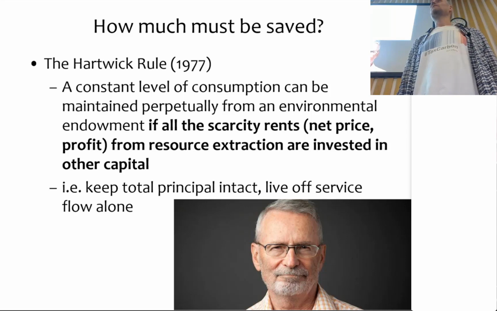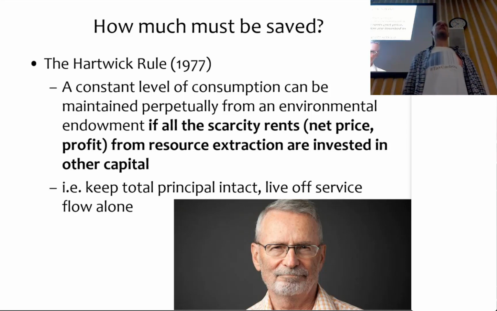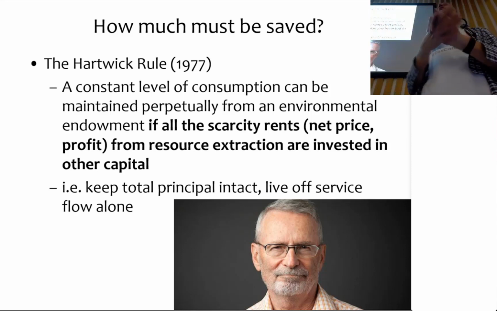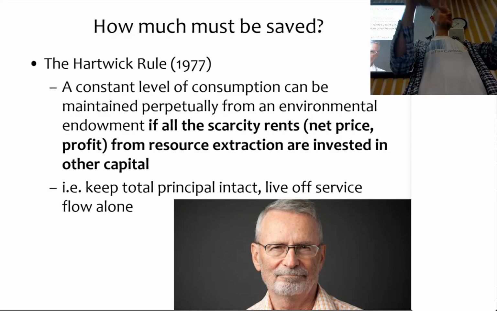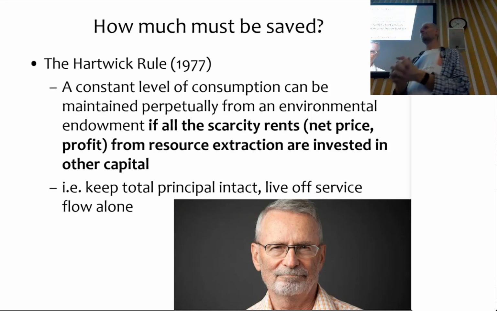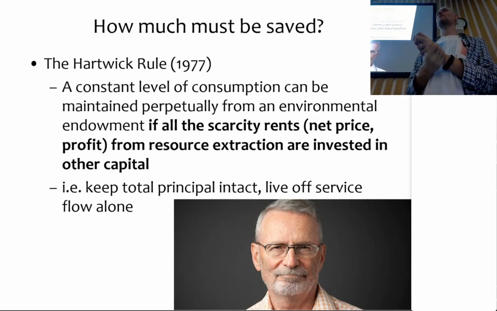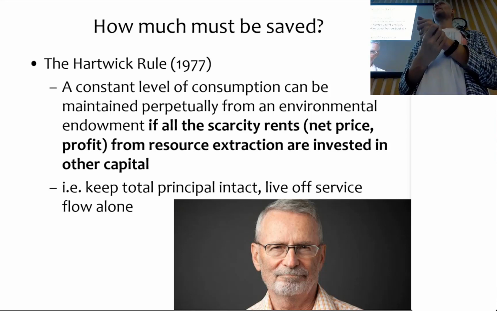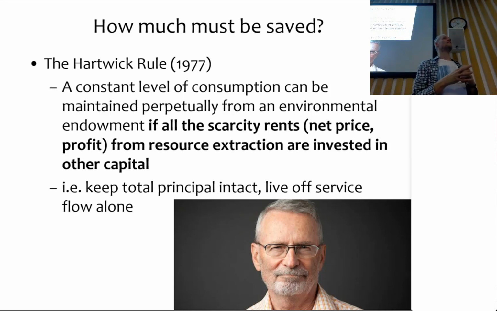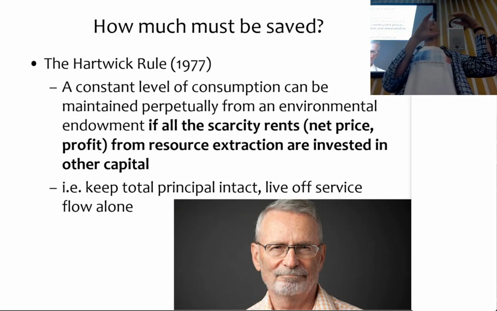That is essentially, Hartwick says, well, if we want to maintain our ability to meet the needs of the future, or we want future generations to maintain their ability to meet their needs, then we should not degrade our capital stock. Any time we cut down a forest, we're degrading part of the natural capital stock.